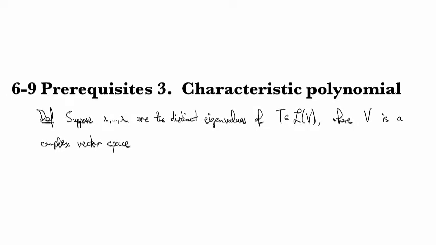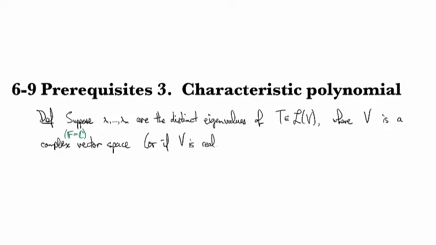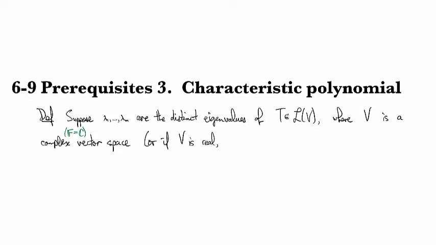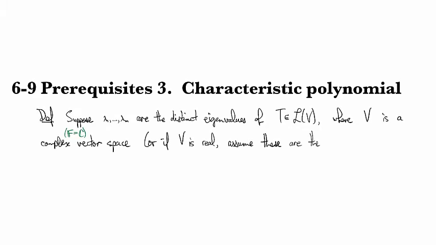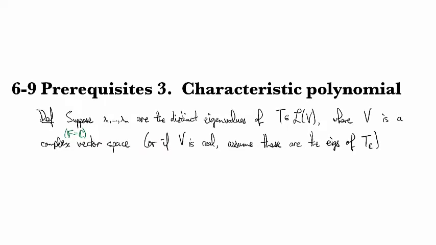So in other words, I'm assuming here that F is the complex field. But if not, then we just assume these are the eigenvalues of the complexification, and everything will work out just fine.